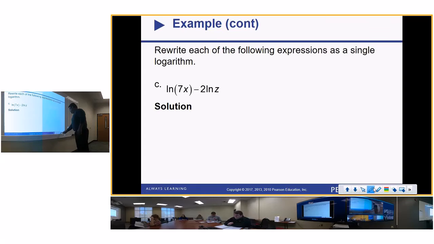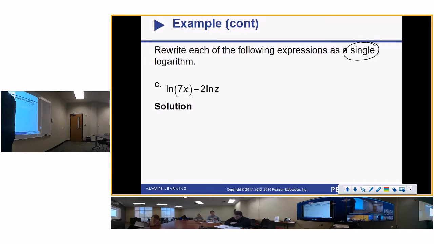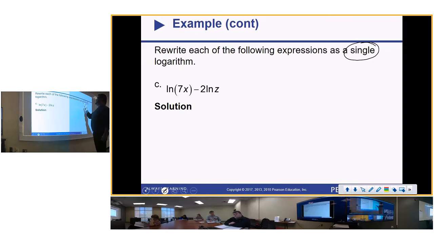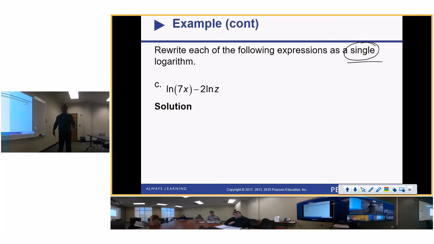Now you also need to read the directions. It says it's a single logarithm. Because somebody might be inclined to make this natural log of 7 plus the natural log of x. That's not making a single logarithm. That's making 3 logarithms out of 2. So you're going the other way. That's not correct.